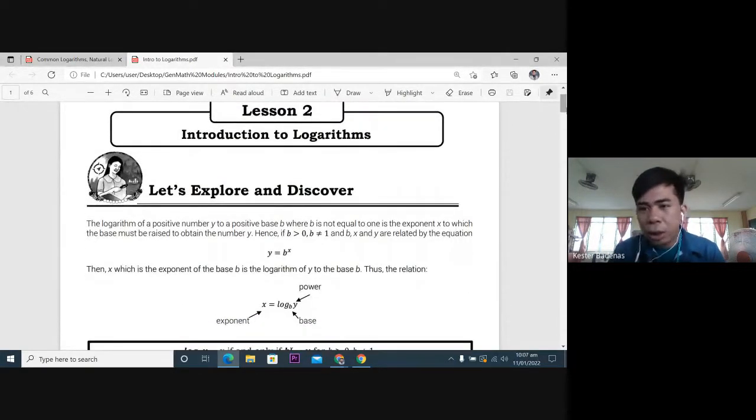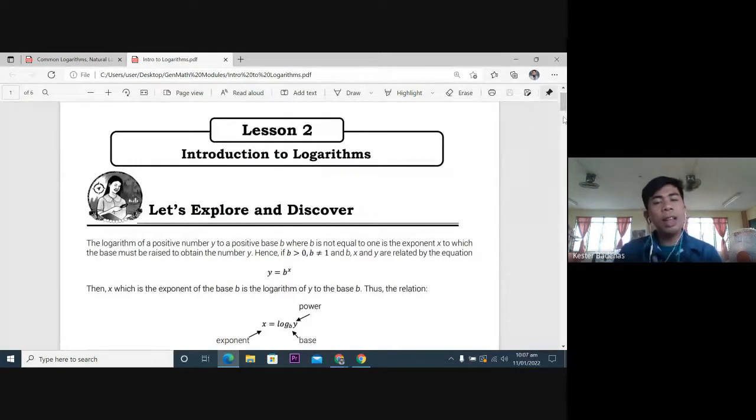So, the topic that we are going to discuss for today is about logarithms. And I know that most of you are not familiar with logarithms. Kasi nga, based on what I have checked last time, there are no topics that are all about logarithms when you were in junior high school.